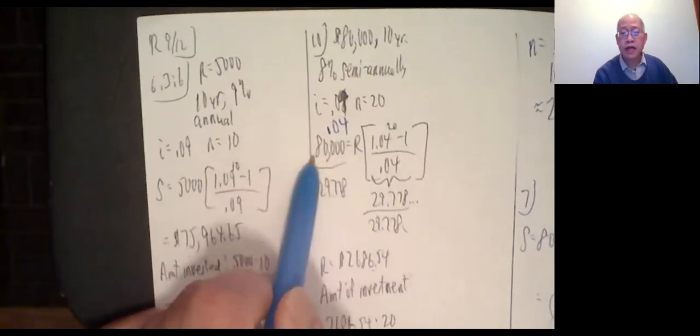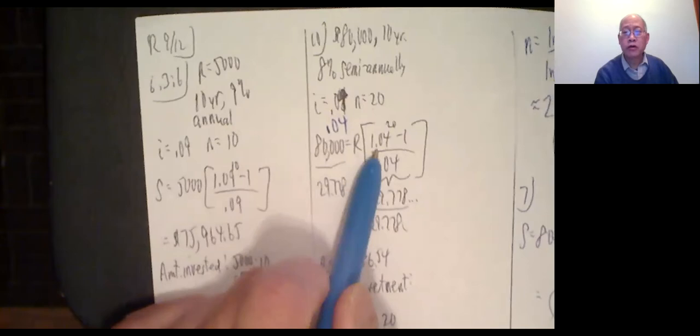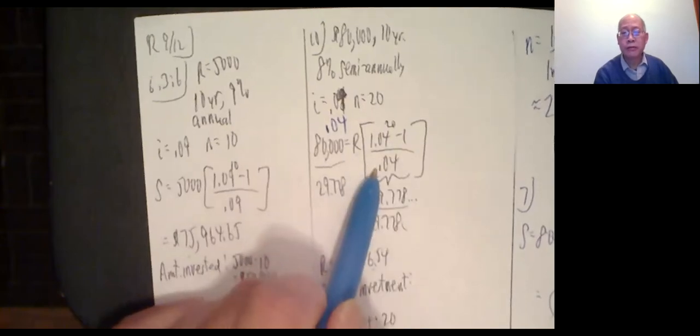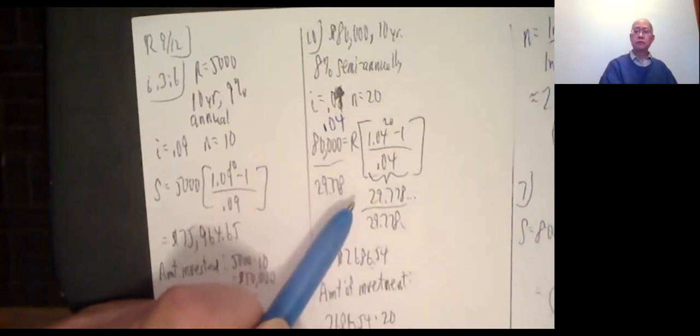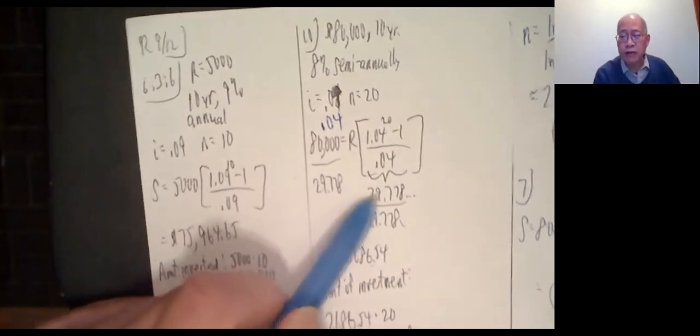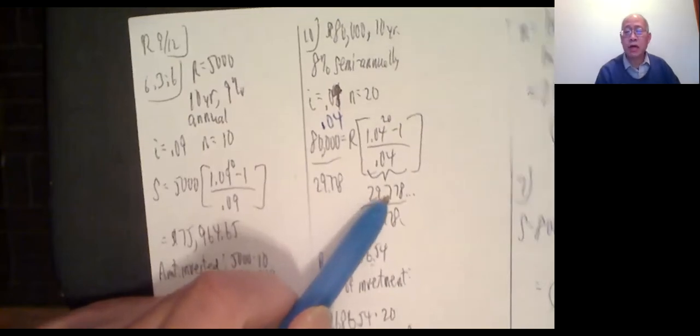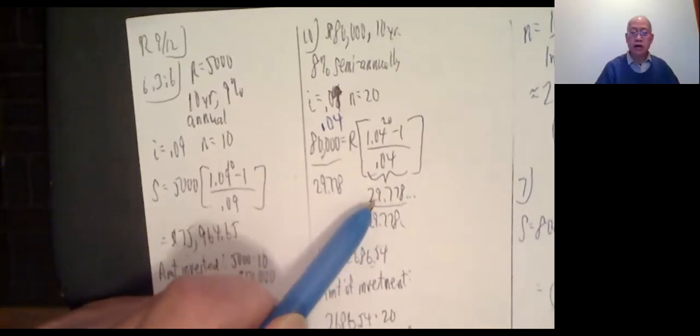So here we go. 80,000 is R times 1.04 to the 20th minus 1 divided by 0.04. Okay, this comes out to be 29.778, blah, blah, blah. Let me just show you that on this calculator.